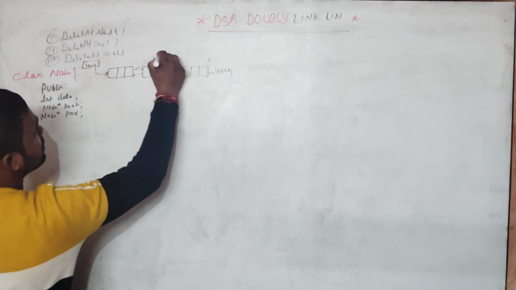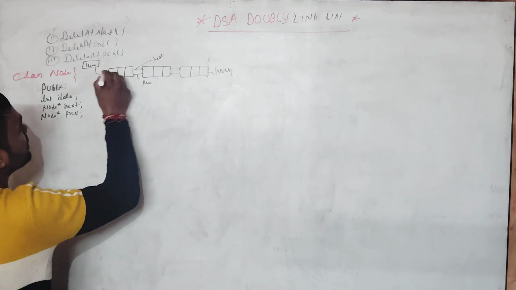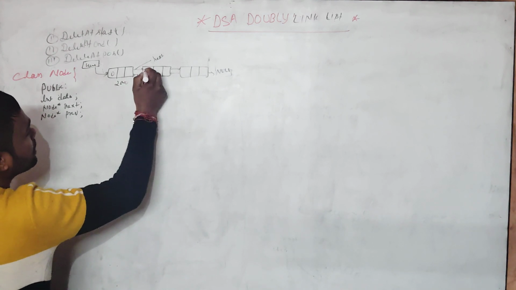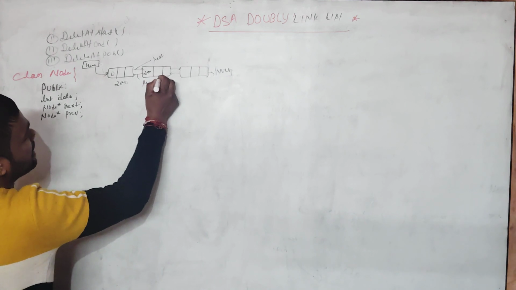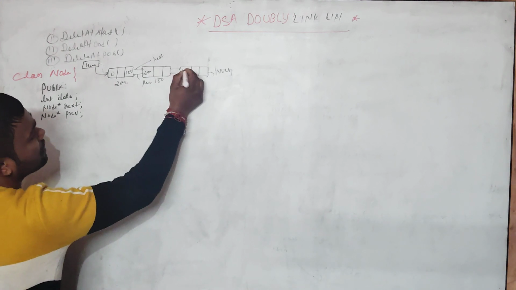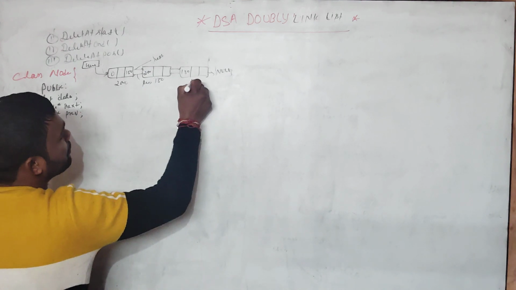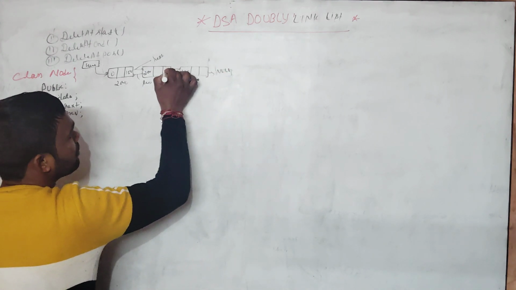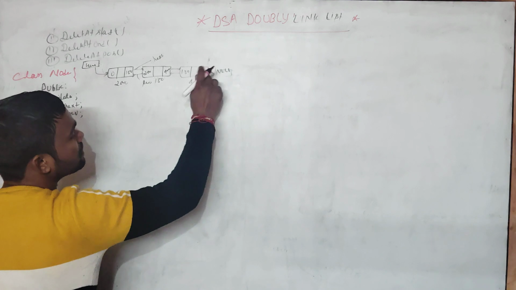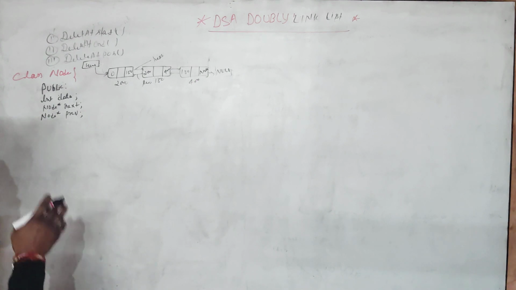This is the next node and this is the previous node. If I am writing here address 2000, this also takes 2000. If I am writing here 150, this also takes 150, previous and next also take 150. If I am writing here 400, it will take 400. This pointer, this node, and this will also take null value. Fine. This is the way to represent it.